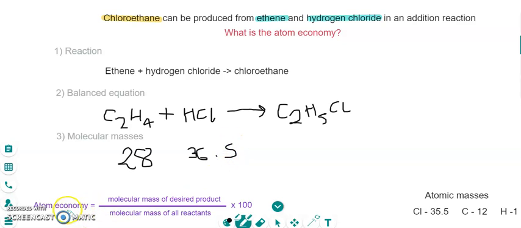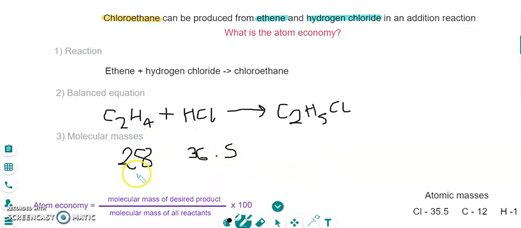Now, if we go back to how we would work out atom economy, we know we want the molecular mass of the desired product divided by the molecular mass of all the reactants. When you work out molecular mass, the molecular mass of the product has to always equal the molecular mass of the total reactants. Therefore, since there's only one product, the molecular mass of this one singular product has to equal the combined molecular mass of both of these reactants.